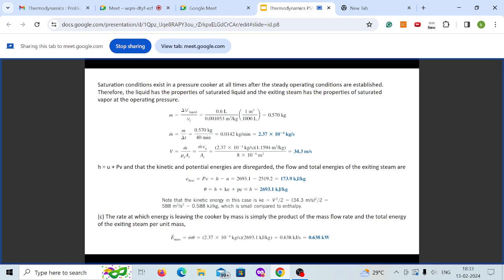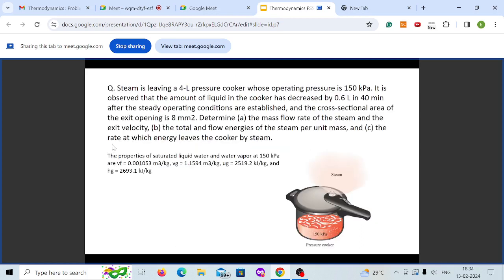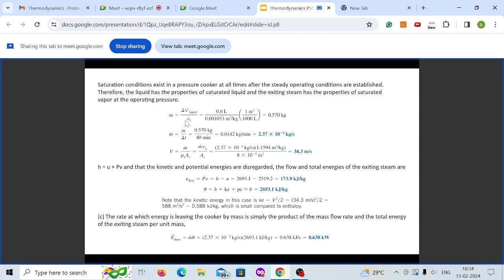They say you are losing 0.6 liters of water. Because this is at saturated condition corresponding to 150 kilopascal, we know the specific volume of the liquid at that point as 0.001053. Specific volume is nothing but volume by mass, or the inverse of density. So mass can be calculated as volume divided by specific volume, 0.6 liters by 0.001053.